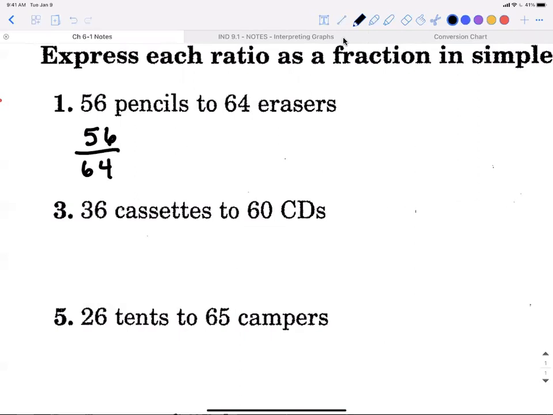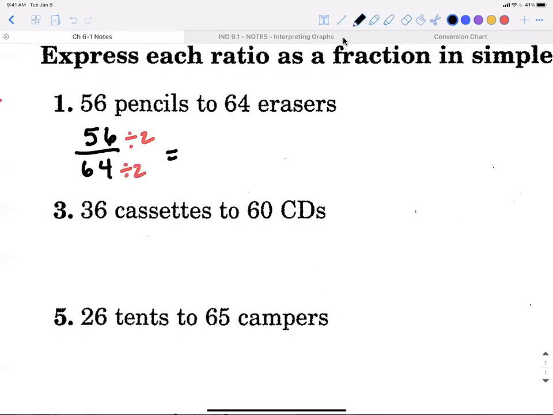So the hardest part of this is simplifying. And you guys did an amazing job on the Jumpstart of simplifying. If nothing big jumps out at you, okay, and something big might jump out at you, you might know right away that there's a bigger number that these both have in common. If so, great. If you're not sure, they're both even, which means you can divide them both by 2.